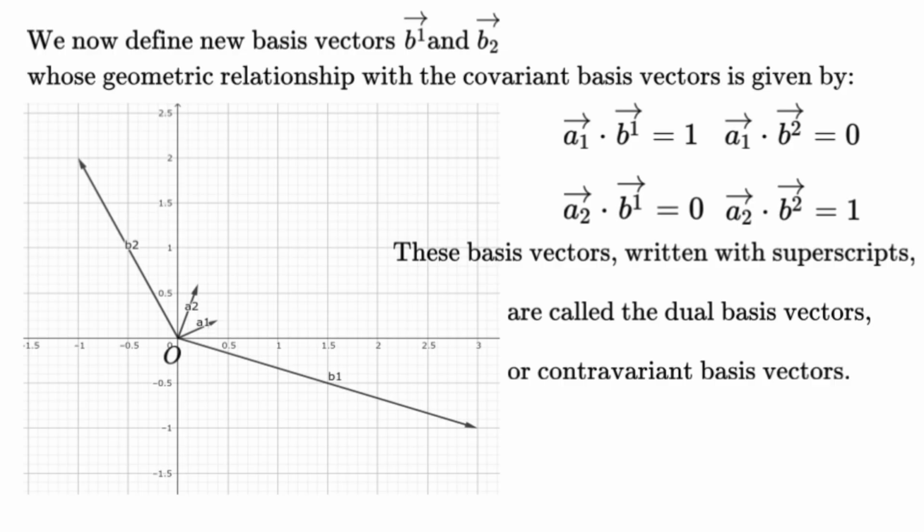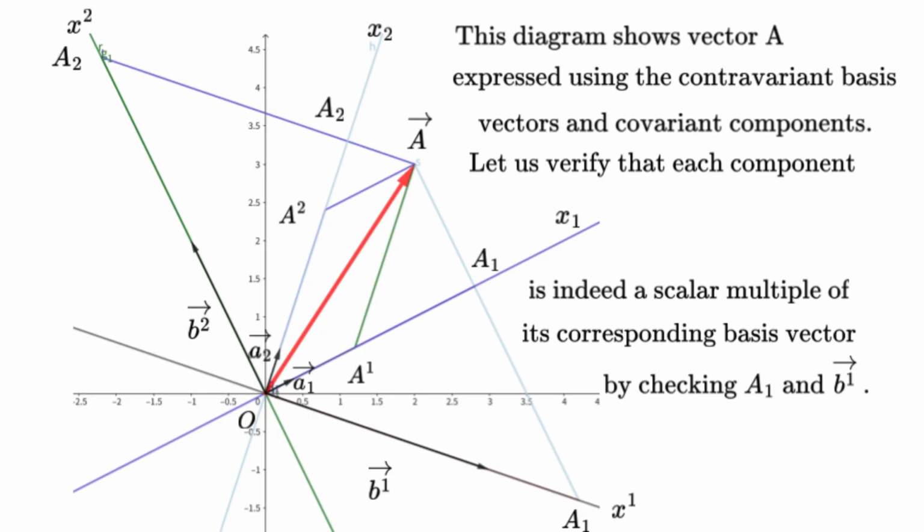these basis vectors, written with superscripts, are called the dual basis vectors, or contravariant basis vectors. This diagram shows vector A expressed using the contravariant basis vectors and covariant components.